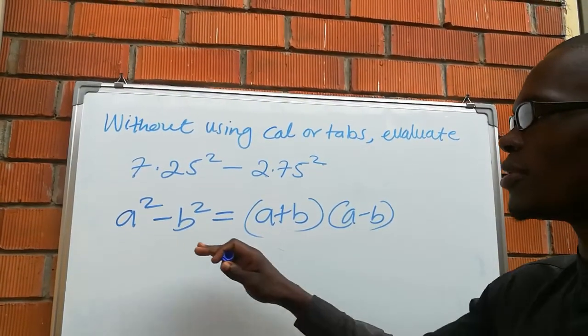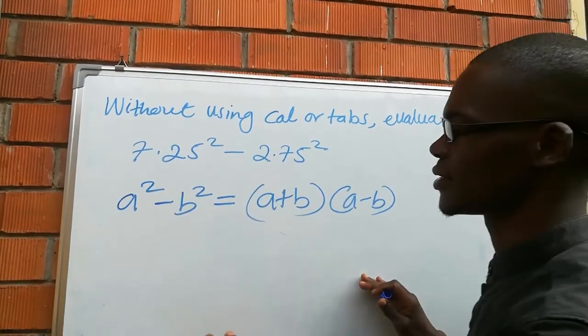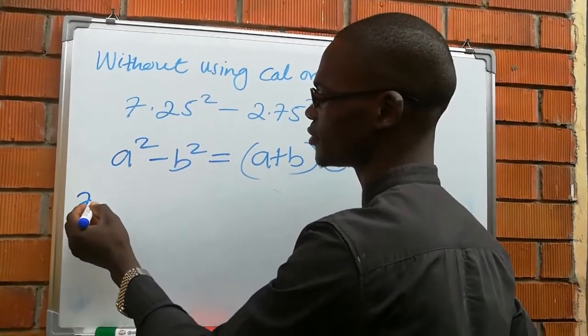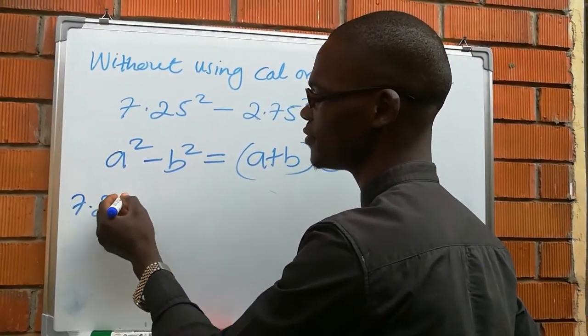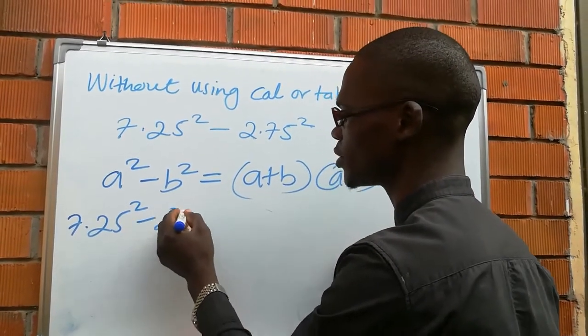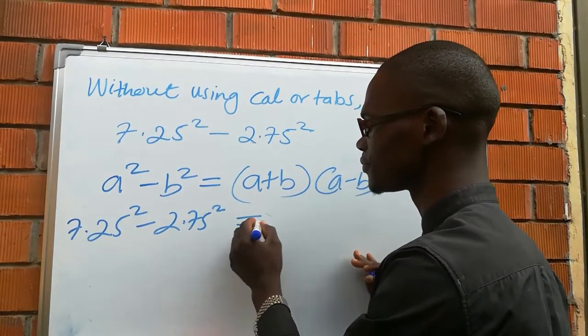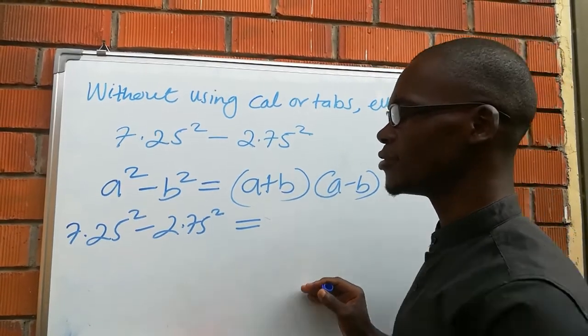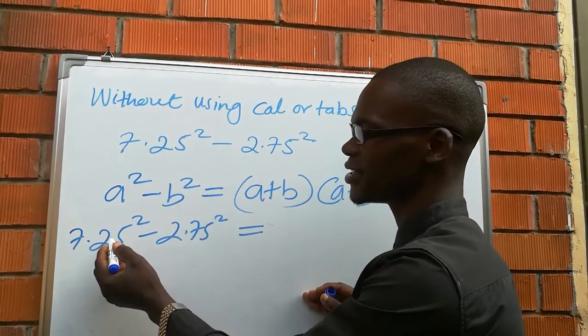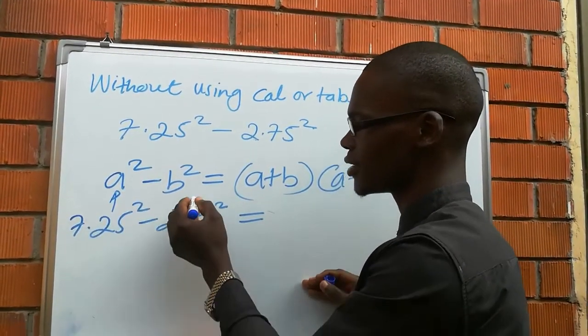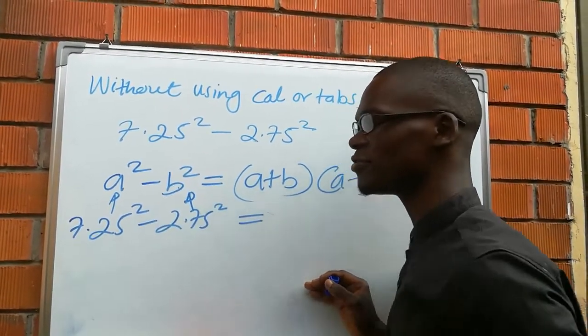So we shall compare this to that, whereby if we have 7.25 squared minus 2.75 squared, now 7.25 is in the position of A and 2.75 is in the position of B.